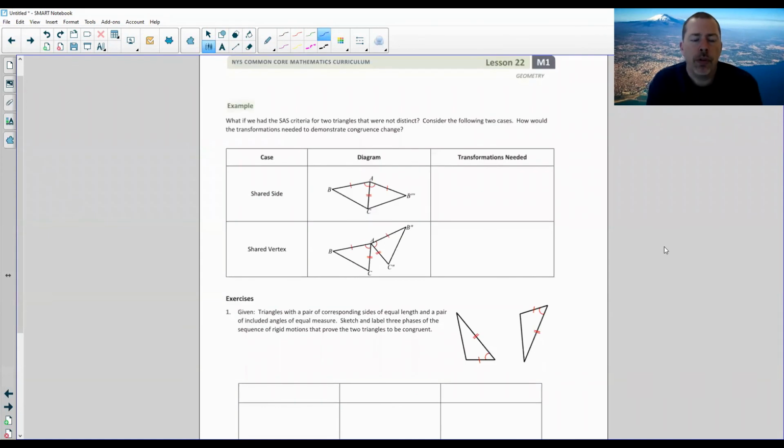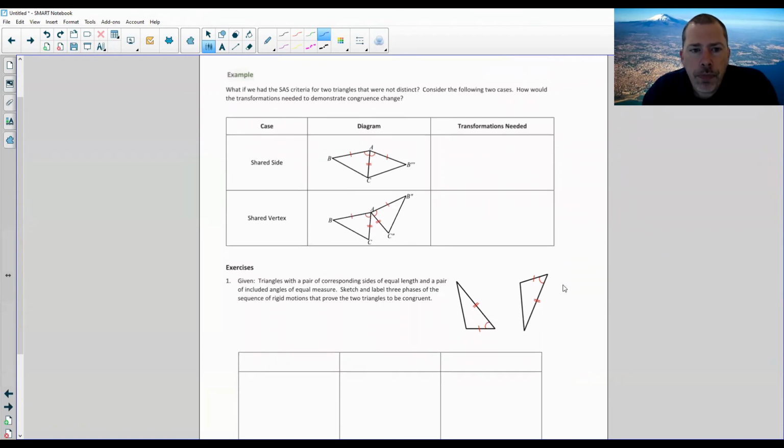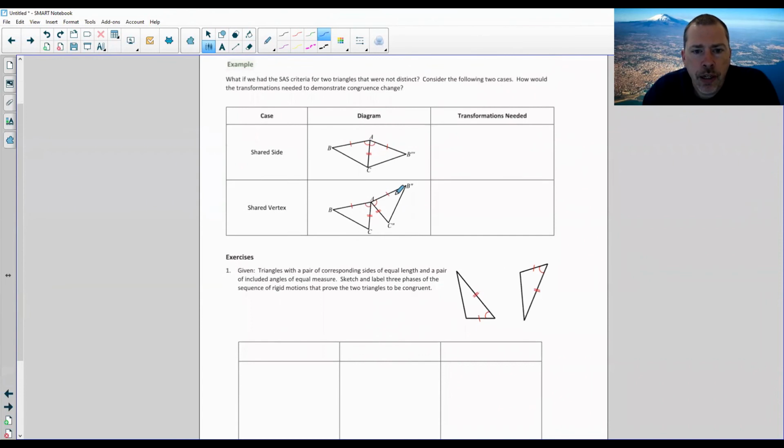Okay, page 4, example. What if we had the SAS criteria for 2 triangles that were not distinct? Consider the following 2 cases. How would the transformations needed to demonstrate congruence change? Okay, so here's one case. Shared side. Transformation needed.